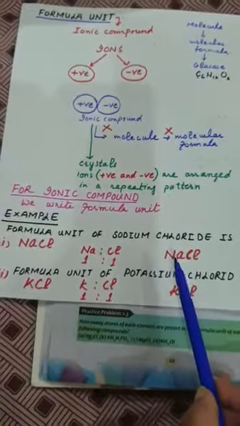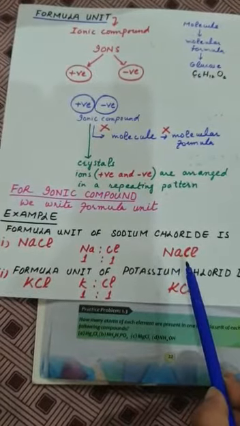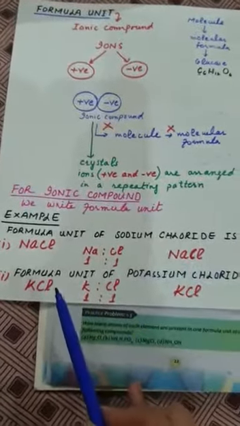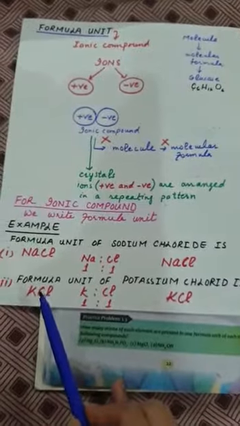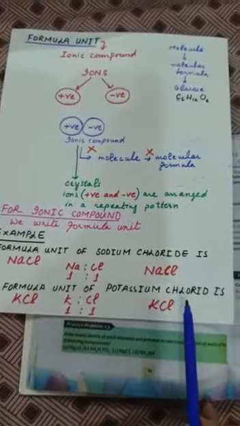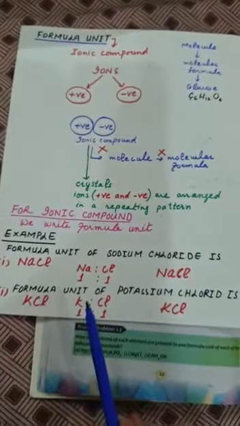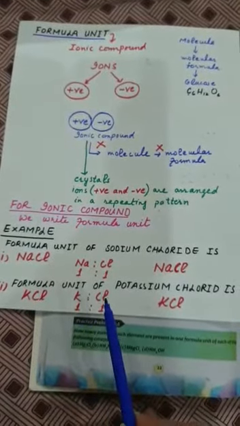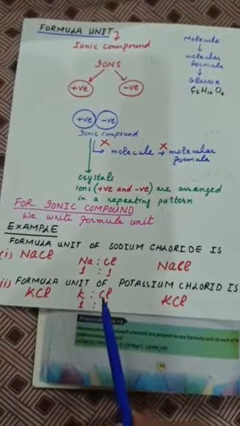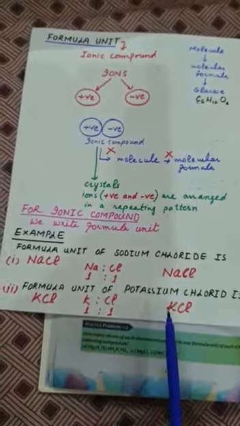So the formula unit of sodium chloride is NaCl. Similarly, in the second example, the formula unit of potassium chloride is KCl, that is K ratio 1, Cl ratio 1. So again, we read the definition. I think it will be clear.